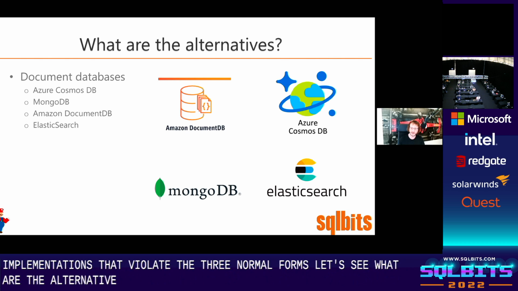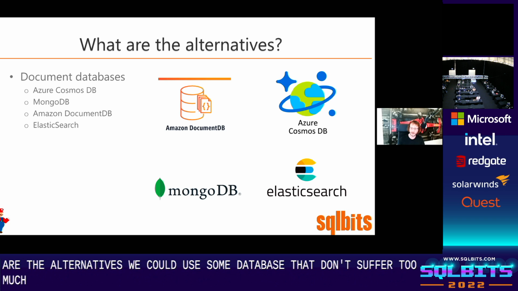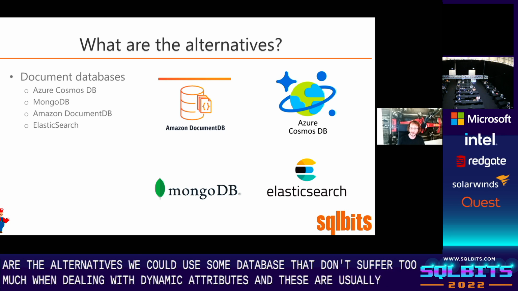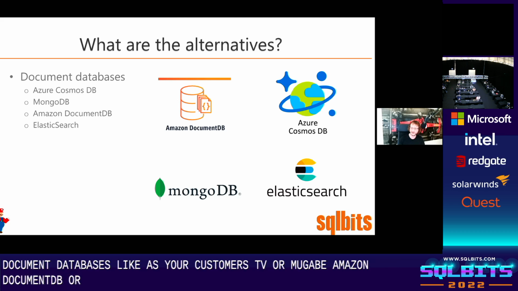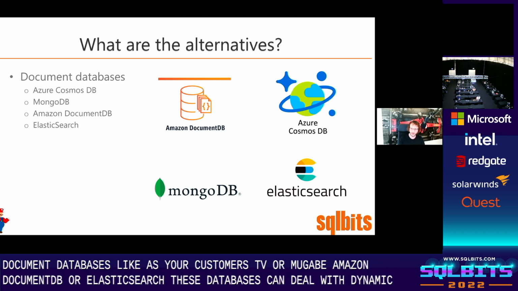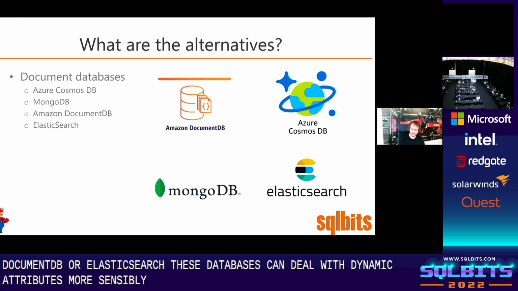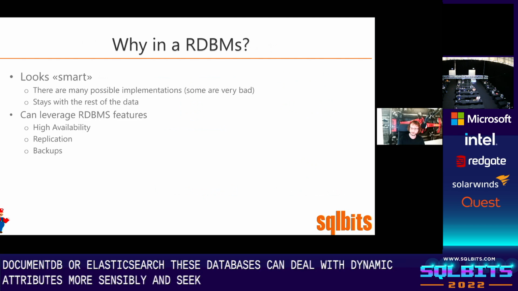We could use some databases that don't suffer too much when dealing with dynamic attributes. These are usually document databases like Azure Cosmos DB or MongoDB, Amazon DocumentDB, or Elasticsearch. These databases can deal with dynamic attributes more sensibly than SQL Server does.